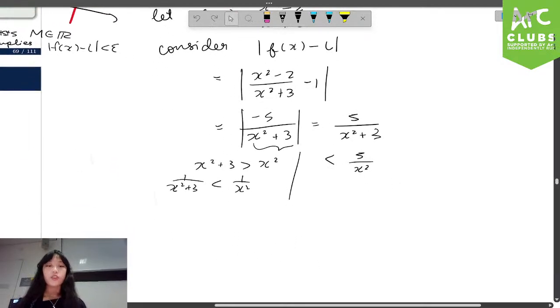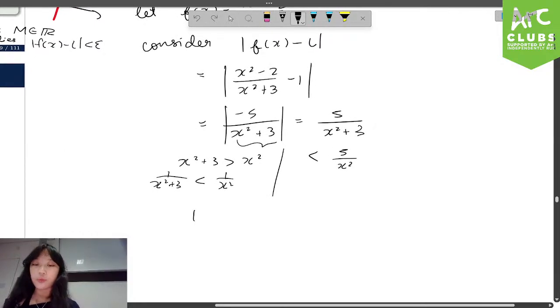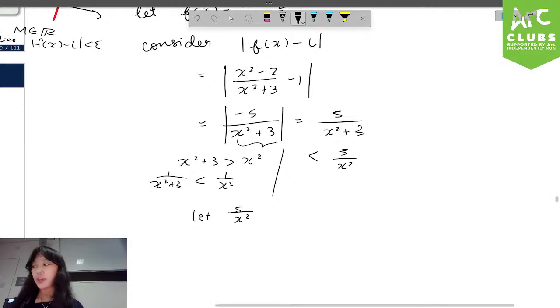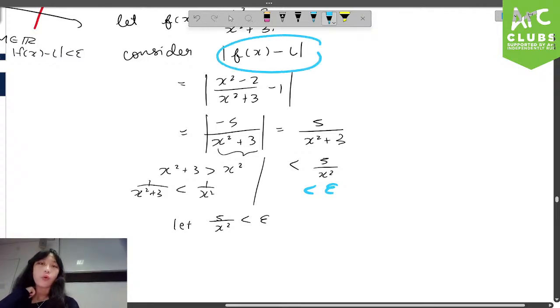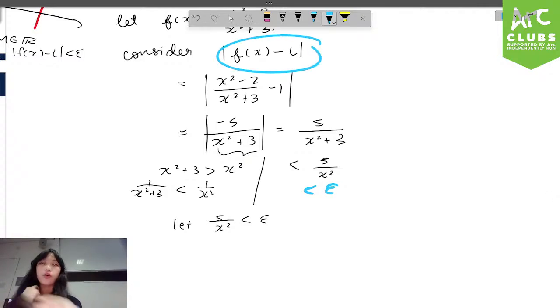Okay, so afterwards we're going to let 5 on x squared be smaller than our epsilon value. Because if that's true, then we have found an epsilon which is always greater than this value, in other words, we've proven that this value with the absolute value is smaller than our epsilon.